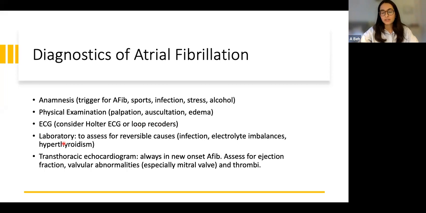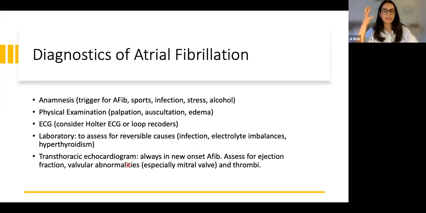And then we as doctors also should assess the patient's laboratory and check for reversible causes, for example, infections, if the patient has electrolyte imbalances, especially shifts in potassium. And we should check for hypothyroidism.